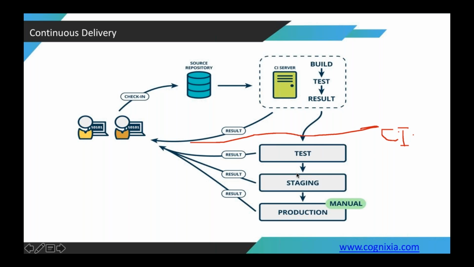After that, once the results have been provided to the developers, the continuous integration part is over. Now we have to start deploying the code, and this is an automated process.